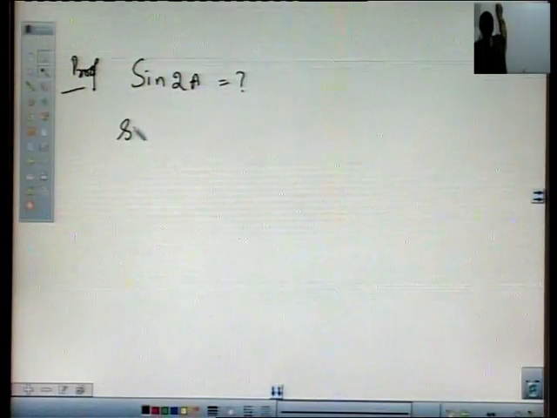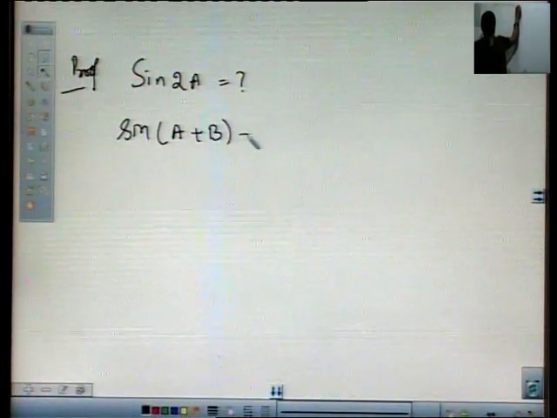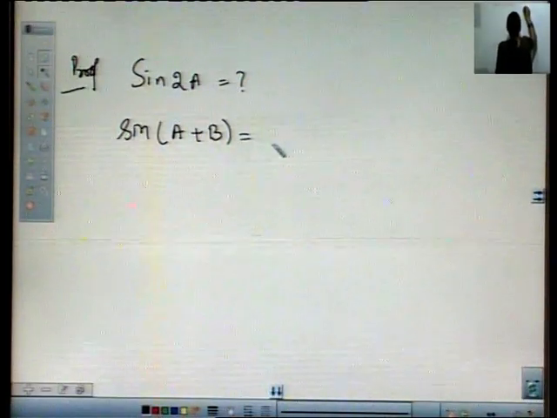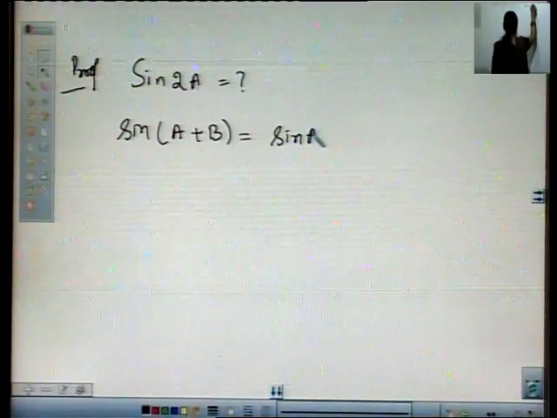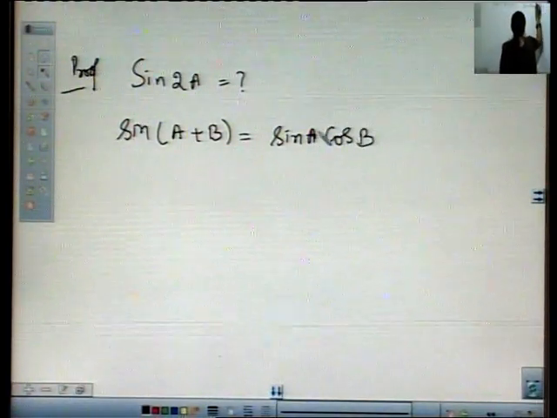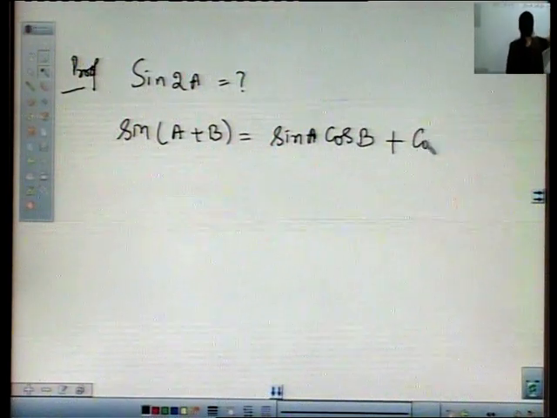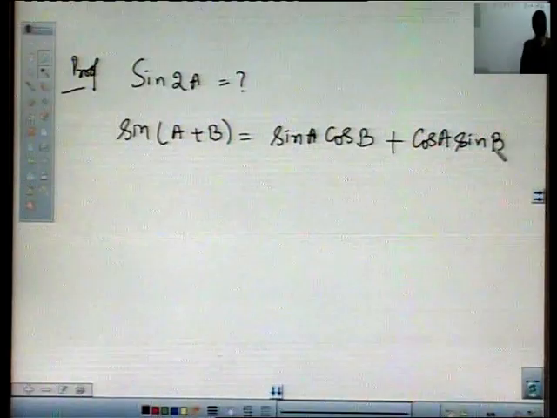We know that sin a plus b is sin a cos b plus cos a sin b.